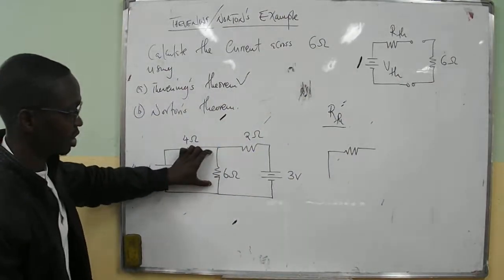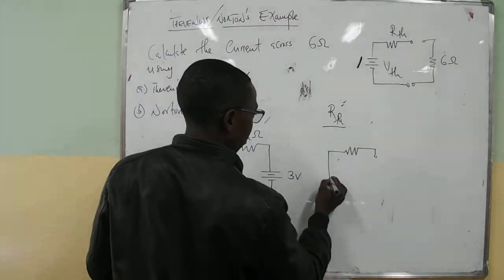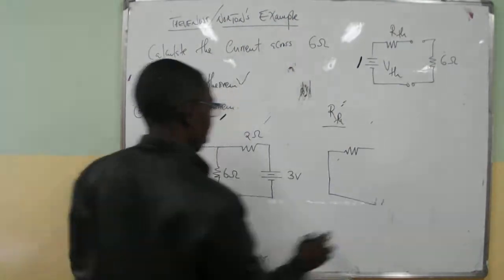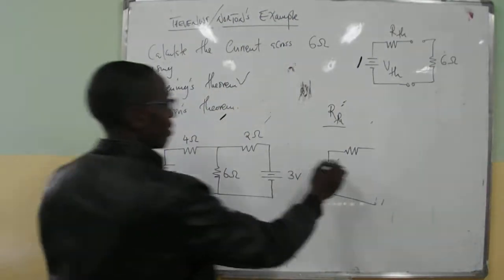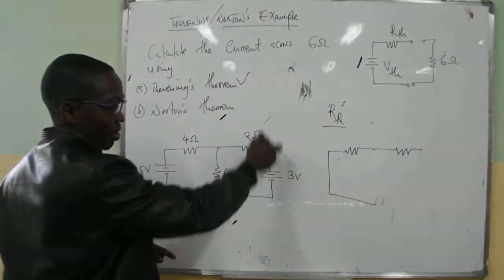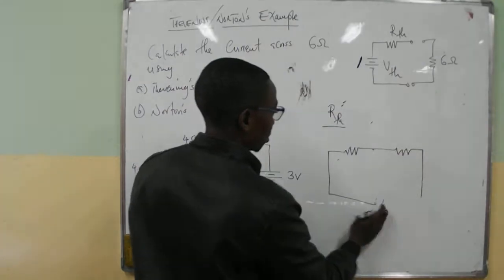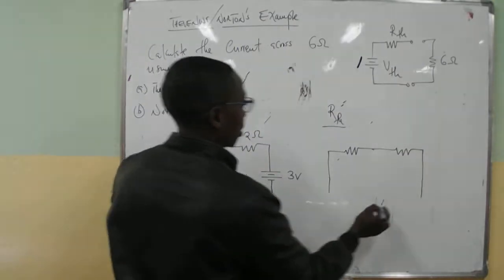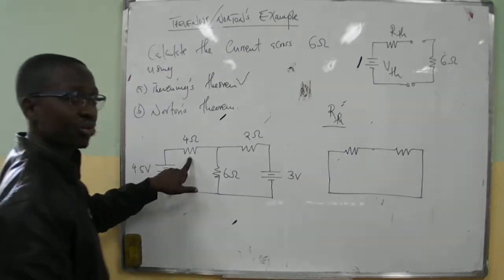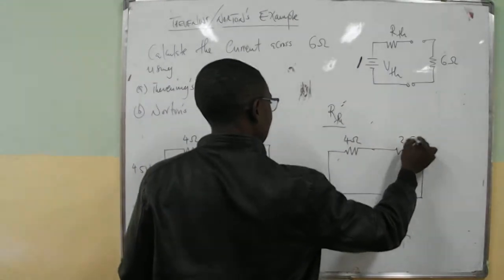Okay, this one has been removed, it's not there, because this resistor has been removed. And we have another one here. On this side where there was a voltage source, you just short circuit it. And our circuit will remain like that, where you only have 2 resistors, the 4 ohm and the 2 ohm resistor.